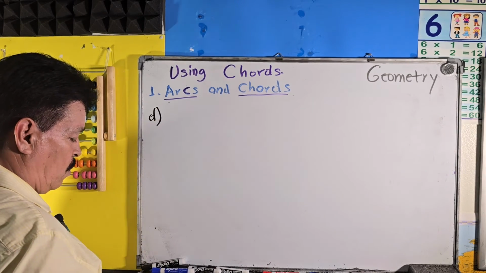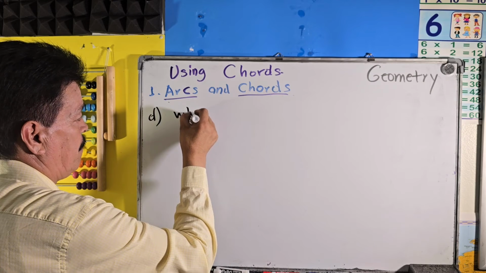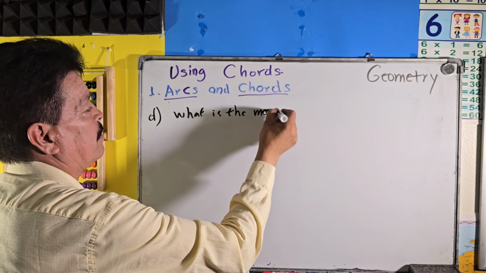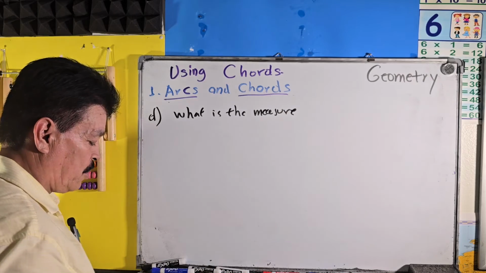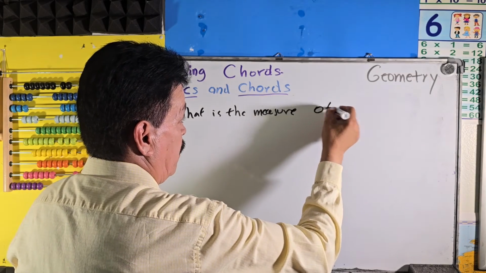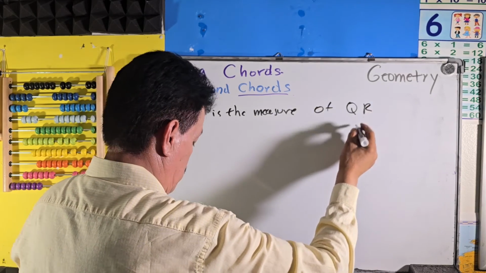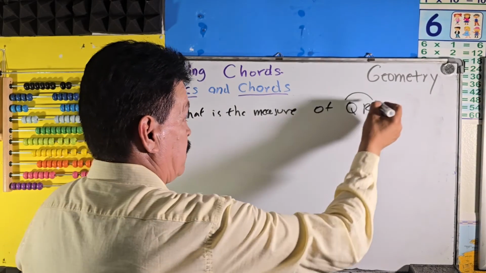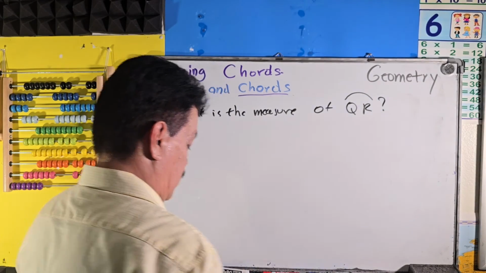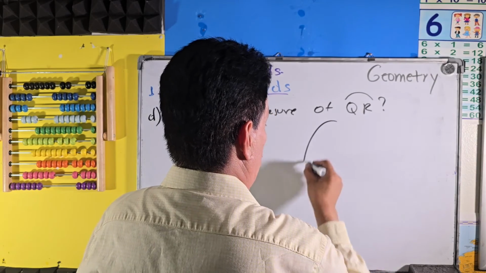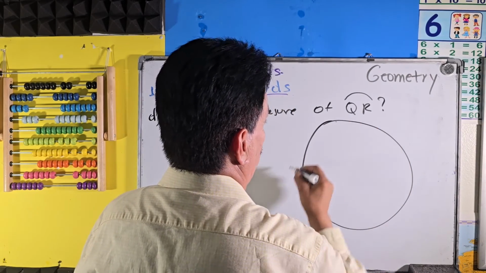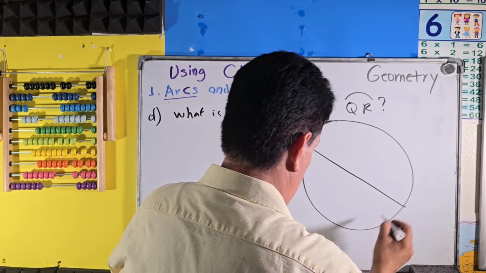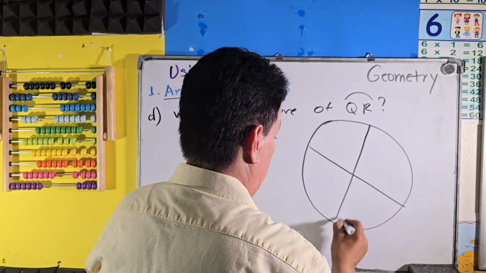What is the measure of arc QR? We have this circle. Let me write this question like this.